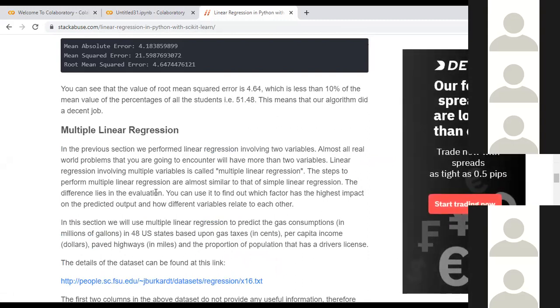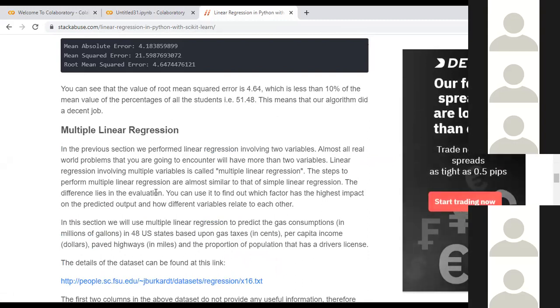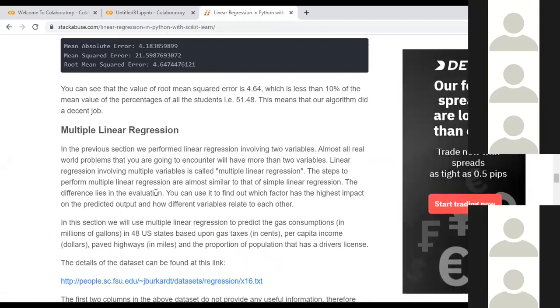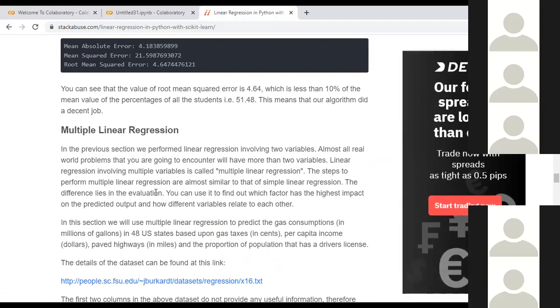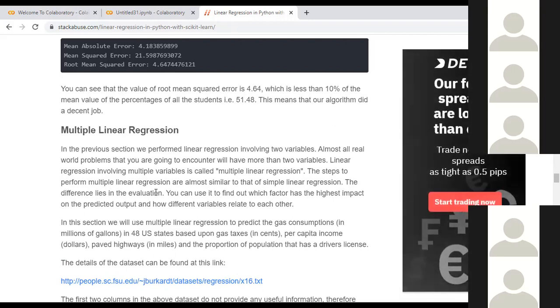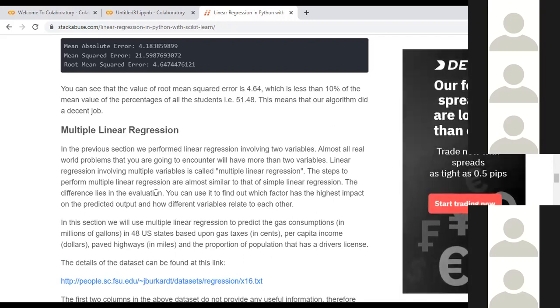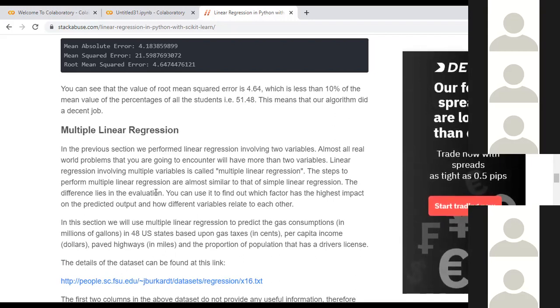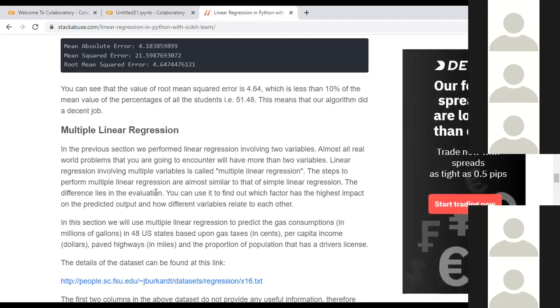But in multiple linear regression, we are considering not only one predictor value, there may be two or more predictor values, but one target value. So with more than one predictor value and one target value, we are creating a model which is named multiple linear regression.